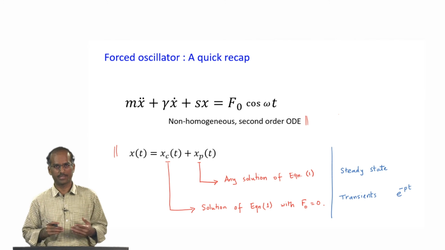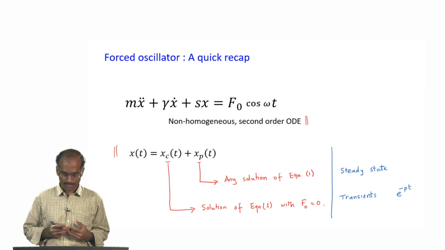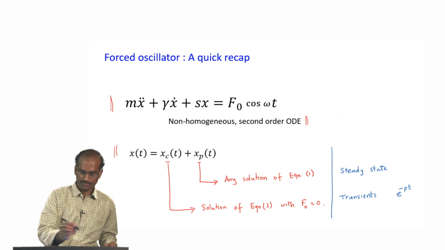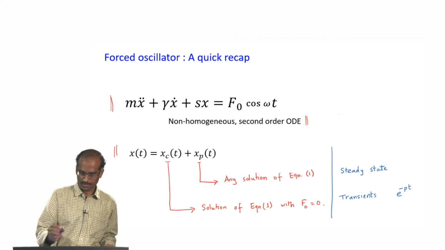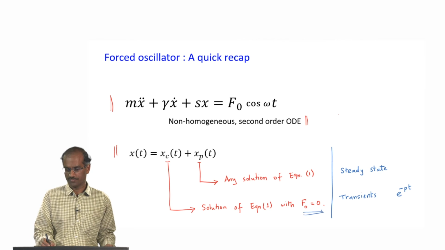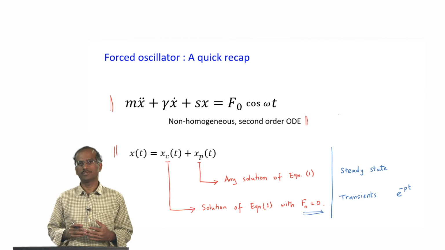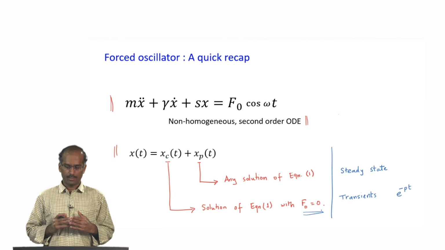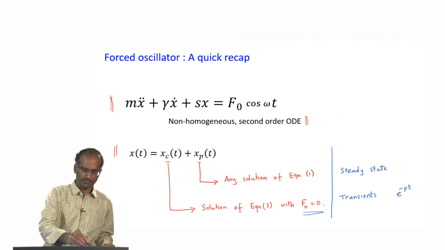It has two parts, x c, which is called the complementary solution, which is simply the solution of this equation with the right hand side being 0, corresponding to the statement that there is no forcing, f 0 is equal to 0, and x p is what is often called the particular solution, which could be in general any one solution for this full equation.